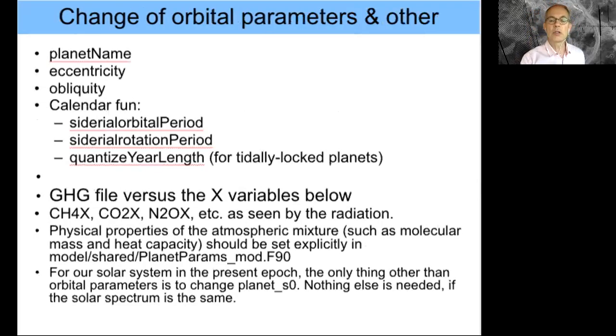Then, of course, there's a whole slew of other things that should be of interest to you all, things like changing orbital parameters and other things. So the first thing that you have to consider if you're going to change, for example, the mass of the planet, or the radius of the planet, the density, things of that nature, you'll have to create a new entry in a table, which I'll get to a bit later.